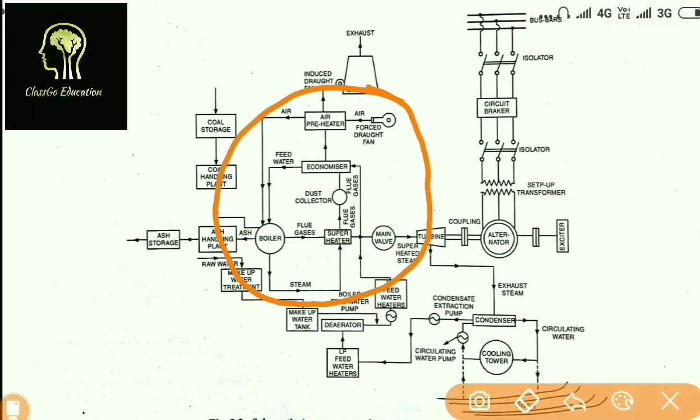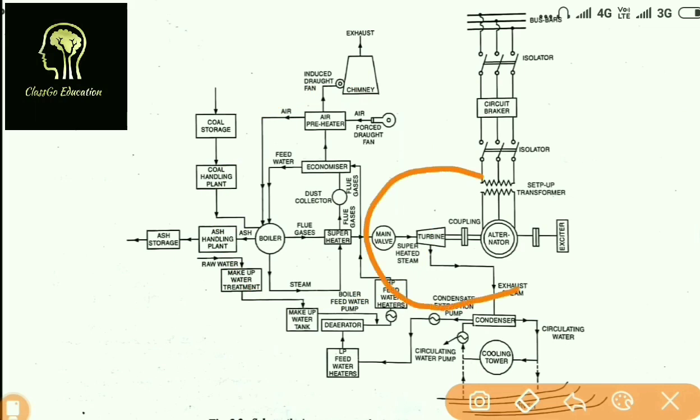The third important section is where the steam is expanded in the turbine and the turbine drives the alternator. At the turbine input, the pressure energy or kinetic energy gets converted into mechanical energy, and that mechanical energy is available on the prime mover of the alternator, and that mechanical energy is converted into electrical energy.